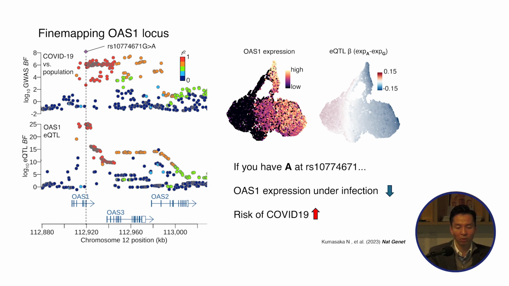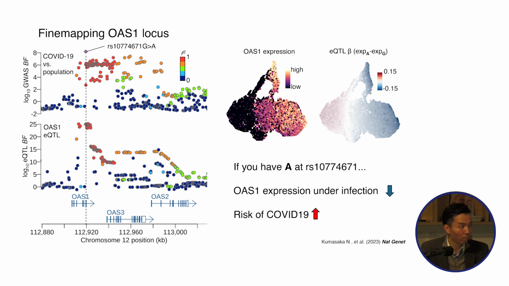And the expression difference between the A allele and G allele, both at this target SNP, showed that if you have the A allele, OAS1 expression under the virus infection goes down, and the risk of COVID-19 is increasing.